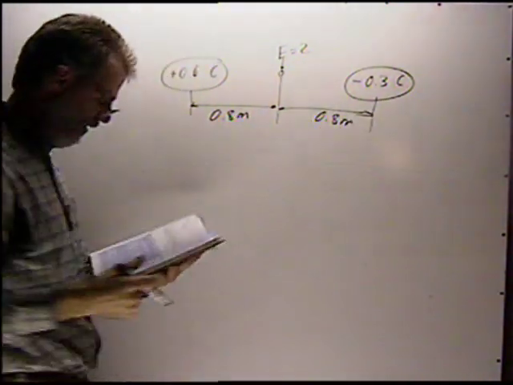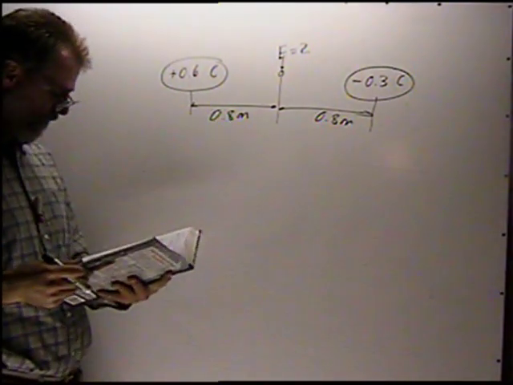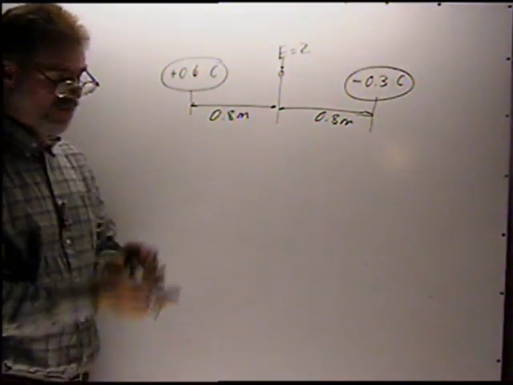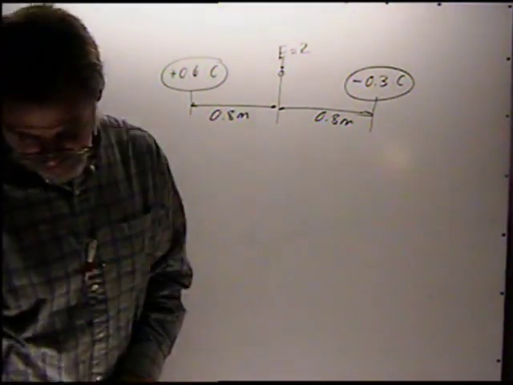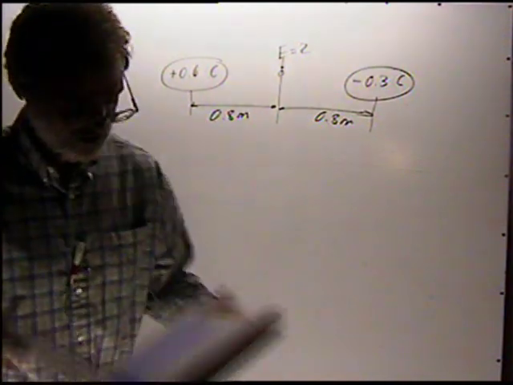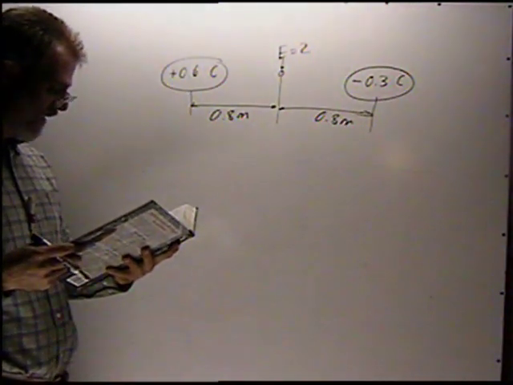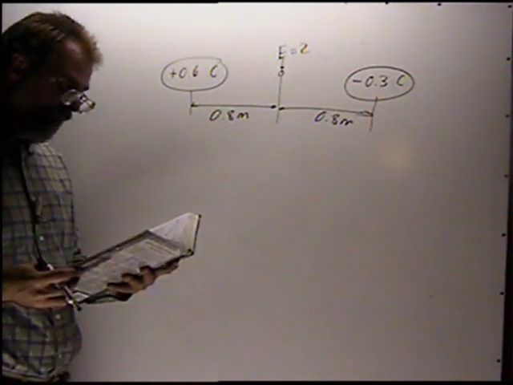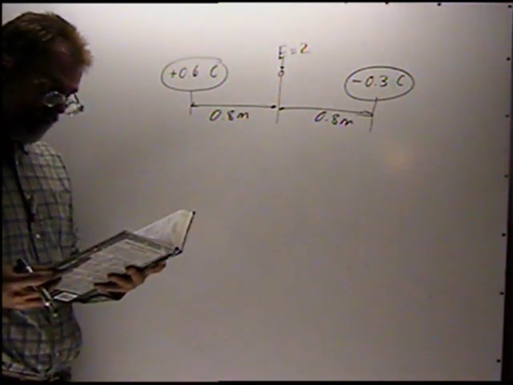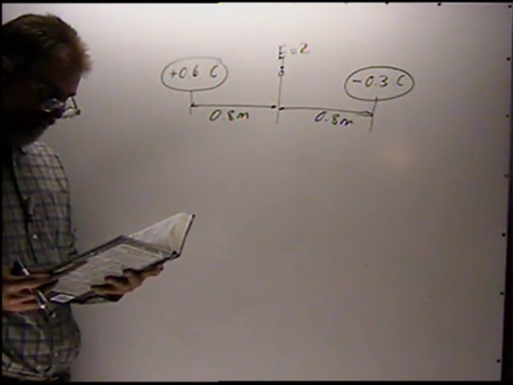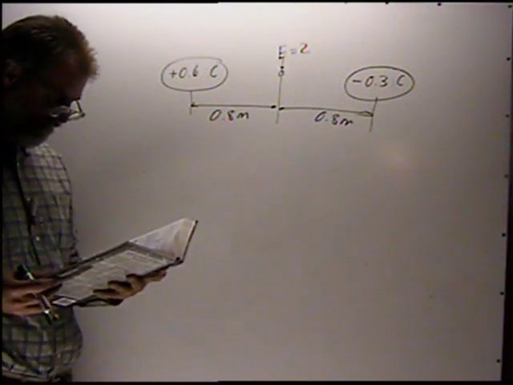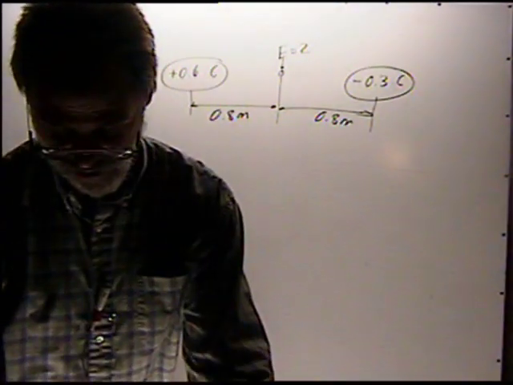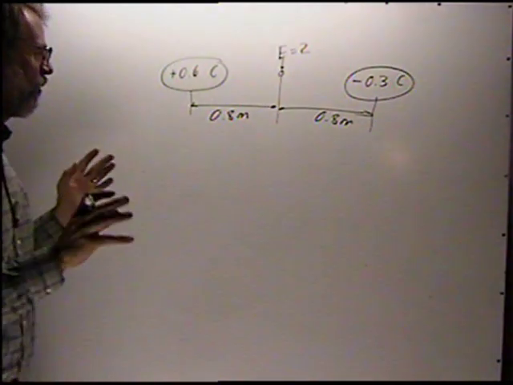We want to get the electric field right in the middle. What is the magnitude of the electric field right here? Well, we could solve this problem two ways. We're just going to do one.